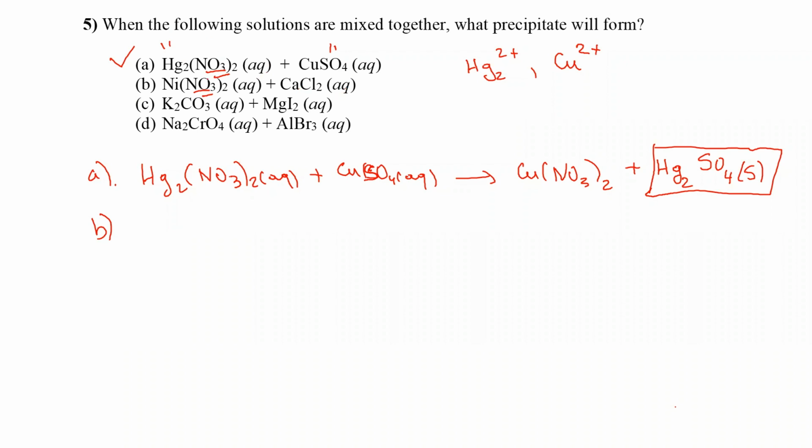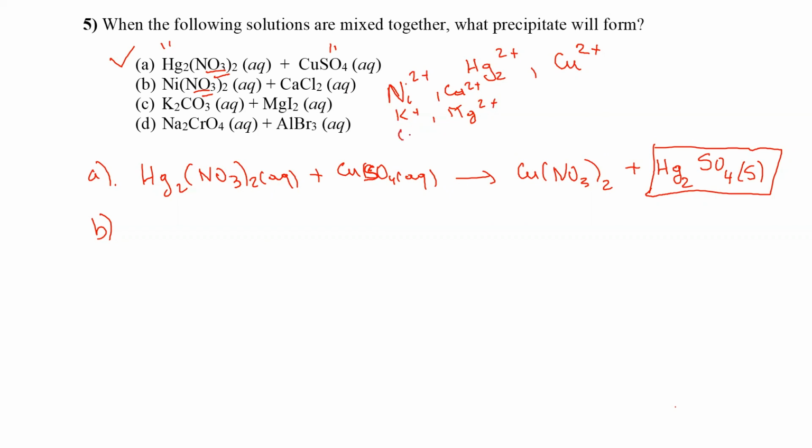One thing I wanted to say here is that all of them are already oxidized. So here you have mercury 1, 2 plus and copper 2 plus. Here you have nickel 2 plus and calcium 2 plus. Here you have carbonate with potassium and magnesium 2 plus.